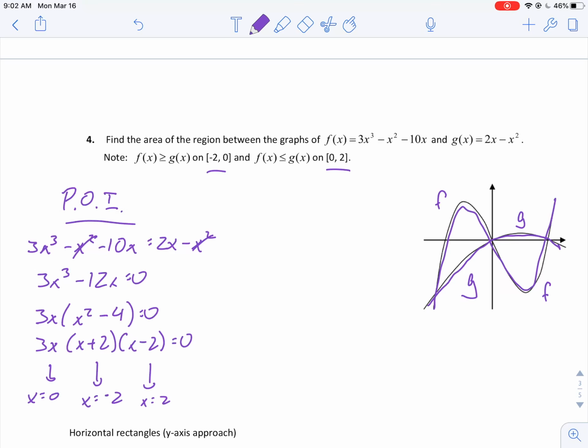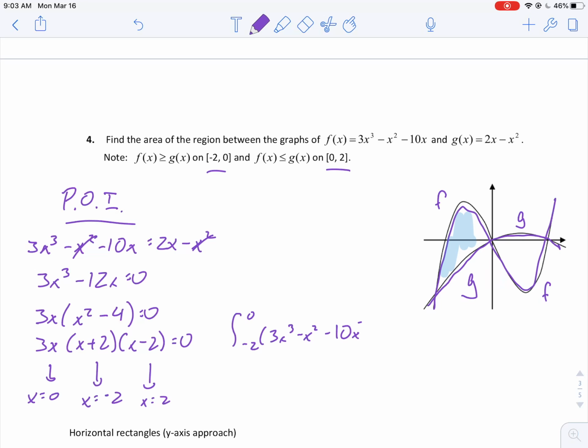So what I'm going to have here is two separate integrals. I'm going to have the integral from -2 to 0. Now for this first part, f is my top function. So I have 3x cubed minus x squared minus 10x.